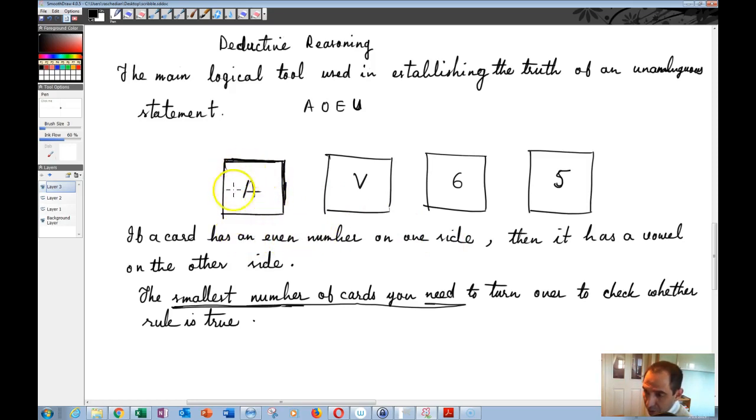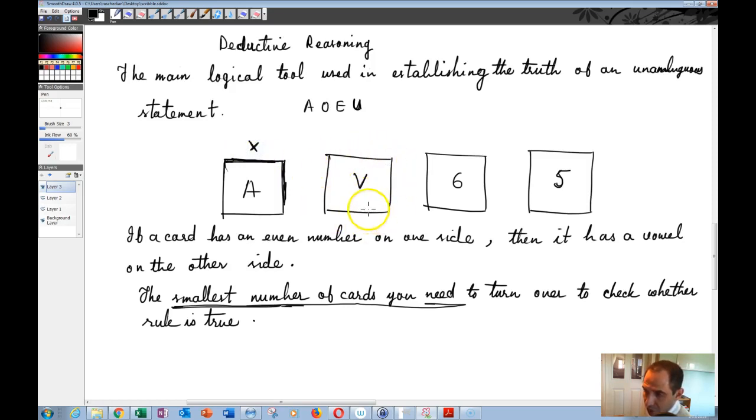And if I have an even number on the other side, still the rule holds, so I don't have to turn this card over.